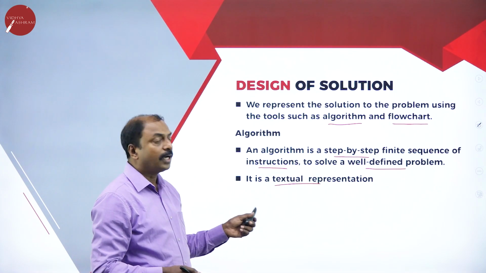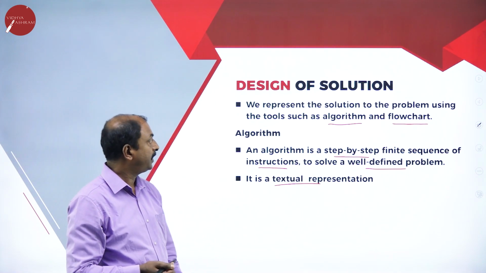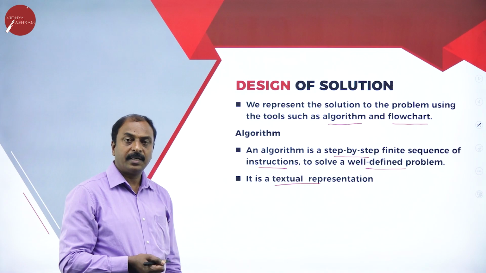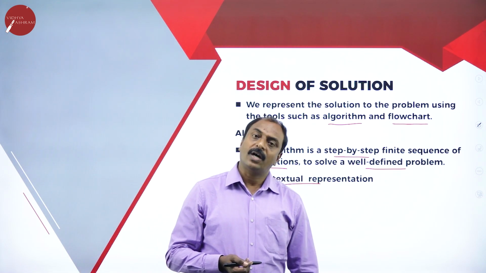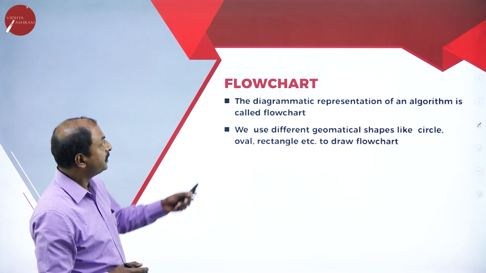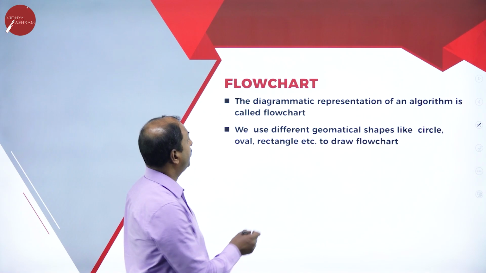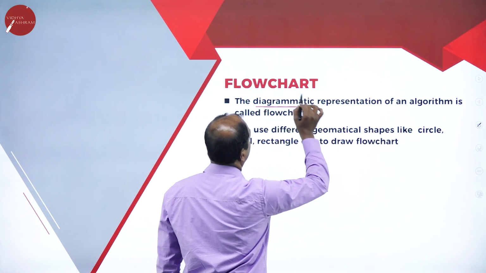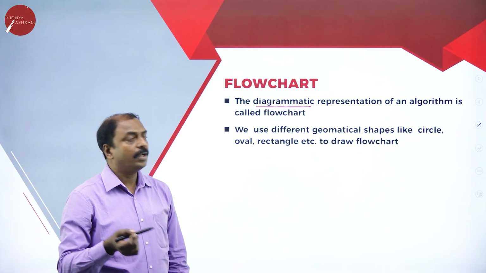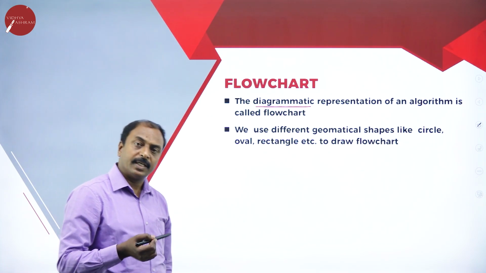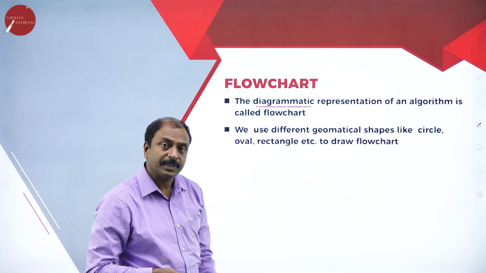The user or the programmer will sketch some steps. That is nothing but an algorithm, and here we are using general English language. So this is an algorithm. Another tool is the flowchart. What is a flowchart? A flowchart is a diagrammatic representation. Just now we saw in the previous slide that an algorithm is a textual representation, and here it is a diagrammatic representation.